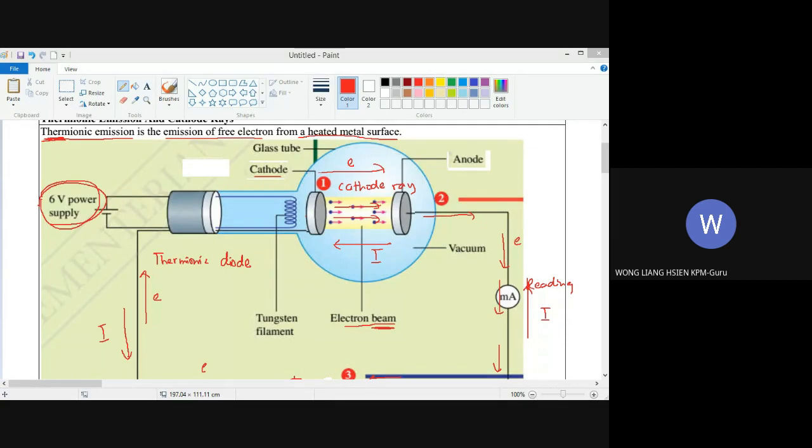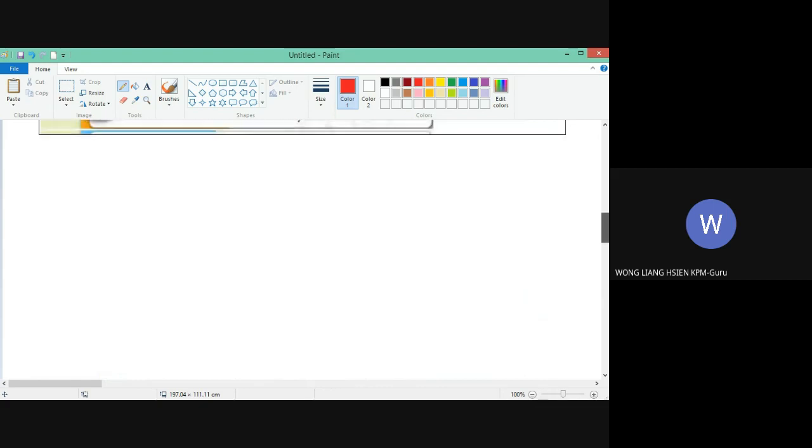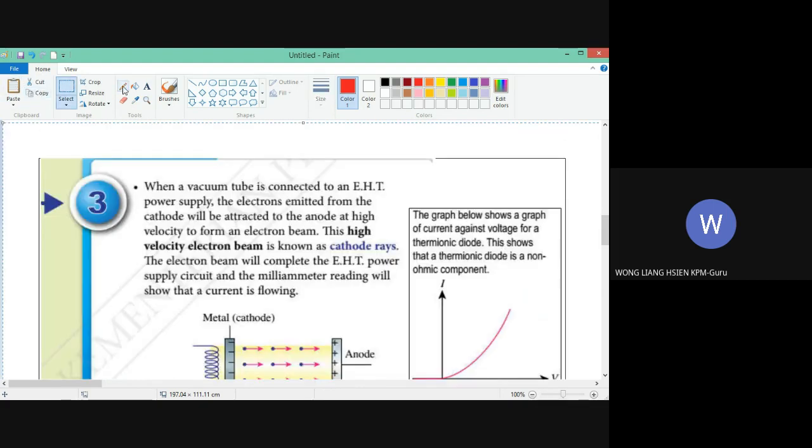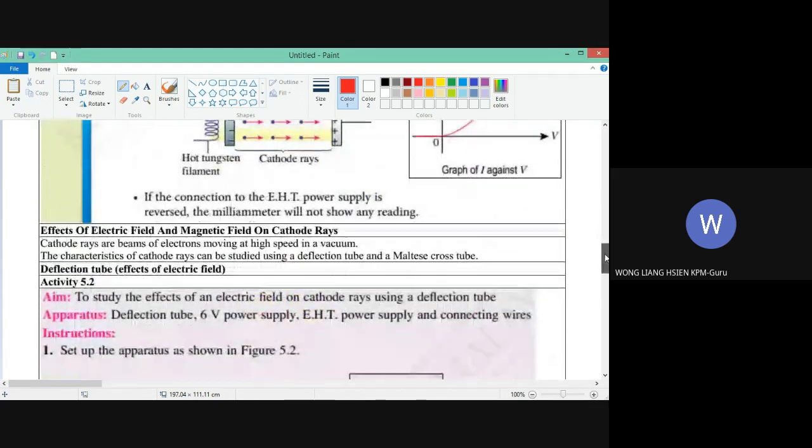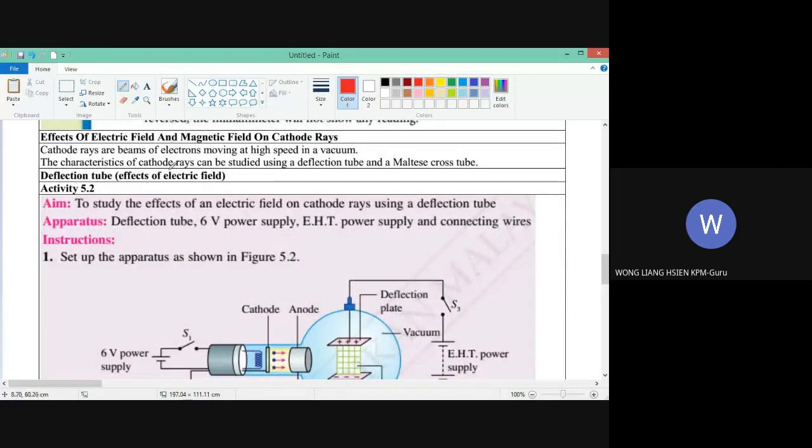So now that we already learned how we can produce a cathode ray, we want to learn more about the characteristics of the cathode ray.